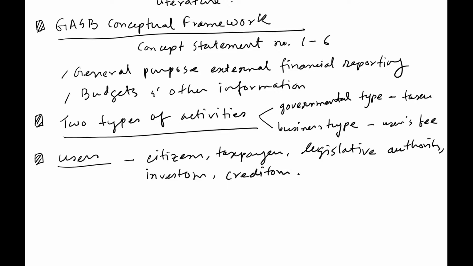Now, why should they use this information? What are the uses? Basically, they can use it for comparison. Specifically, if you focus on the internal financial information, which is mostly for budgeting, they can compare the actual financial results to their budgets.